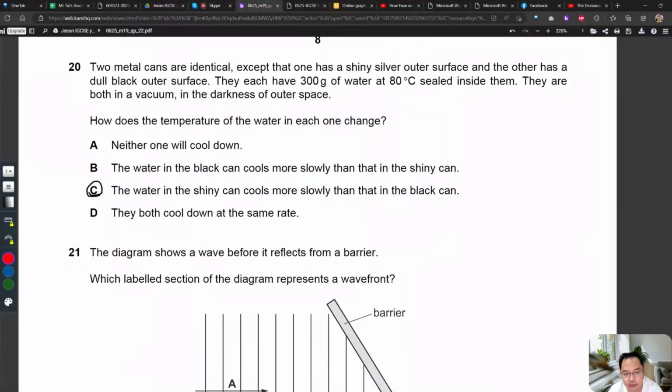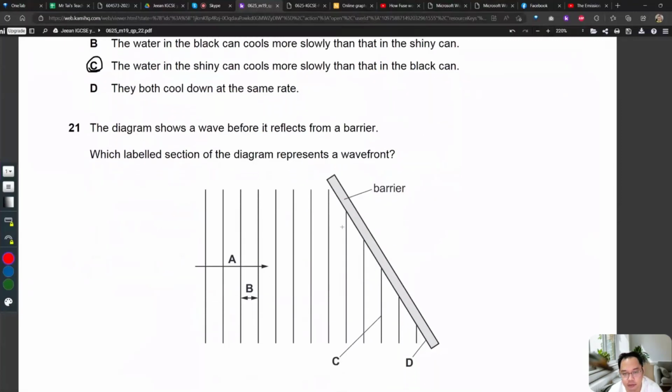Question 20. The diagram shows water waves before they reflect from a barrier. Which labeled section in the diagram represents the wave front? Okay, what's your answer?